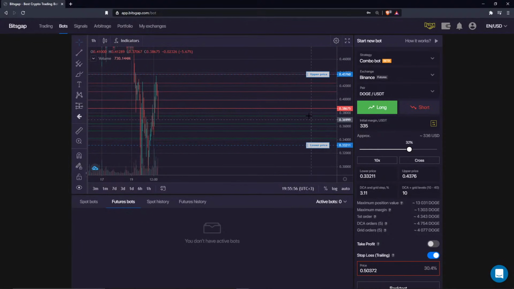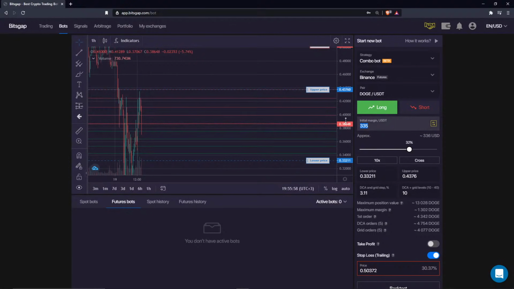The thing about the Combobot is that you allocate the margin here, because that's futures trading. Let's say I allocate 40. The way the algorithm distributes your initial margin is as follows. 50% is instant entry. So that means your instant market exposure is going to be 20 USDT as you launch this bot. Another 20 is here in the buy orders.